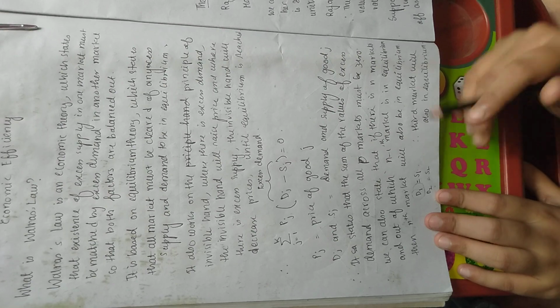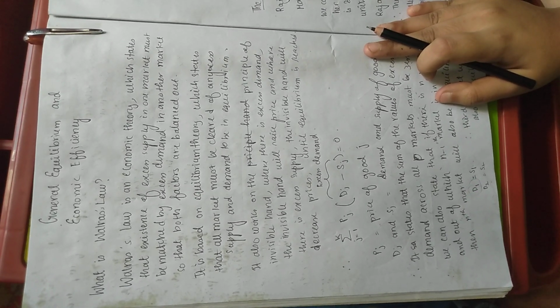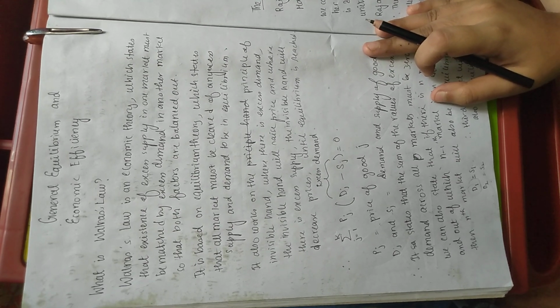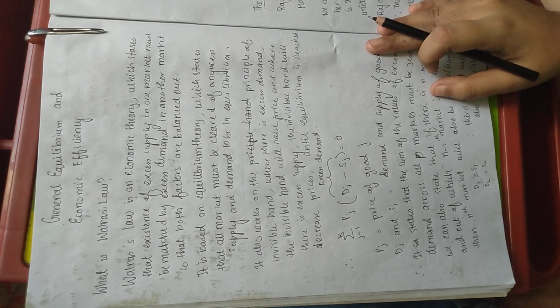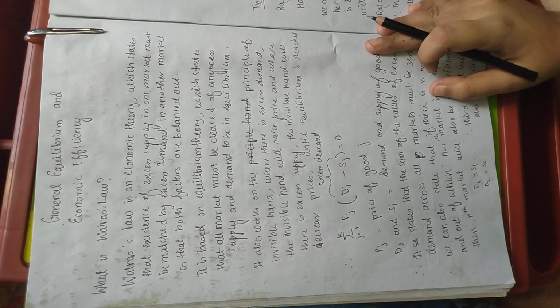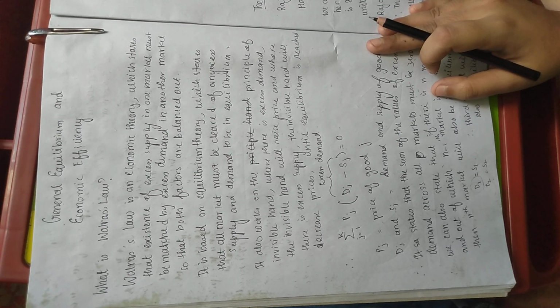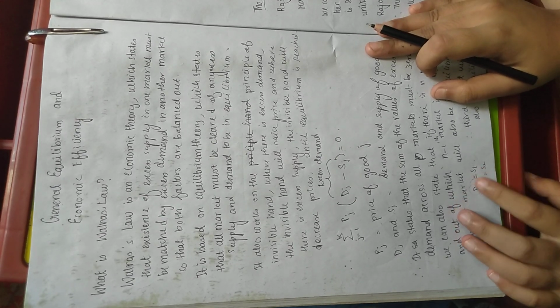So basically Walras law is telling that the market should be in equilibrium by adjusting demand and supply. It is based on the equilibrium theory, so the excess supply or excess demand must be balanced out with the excess demand or excess supply, to reach the equilibrium.